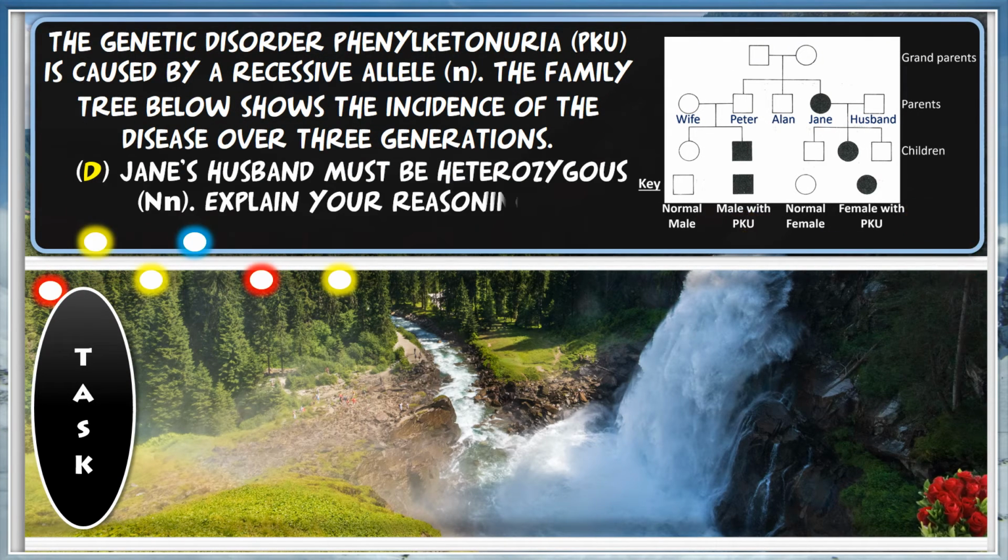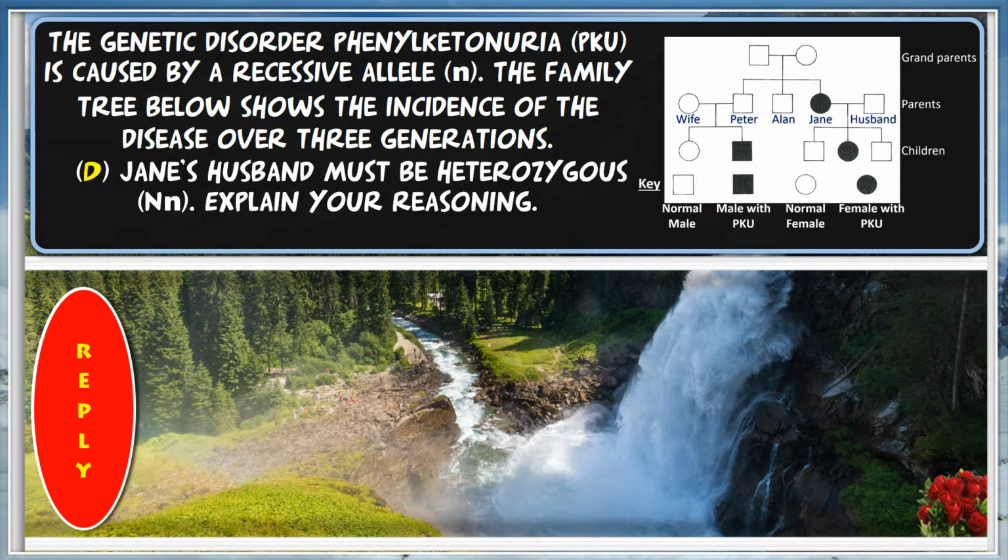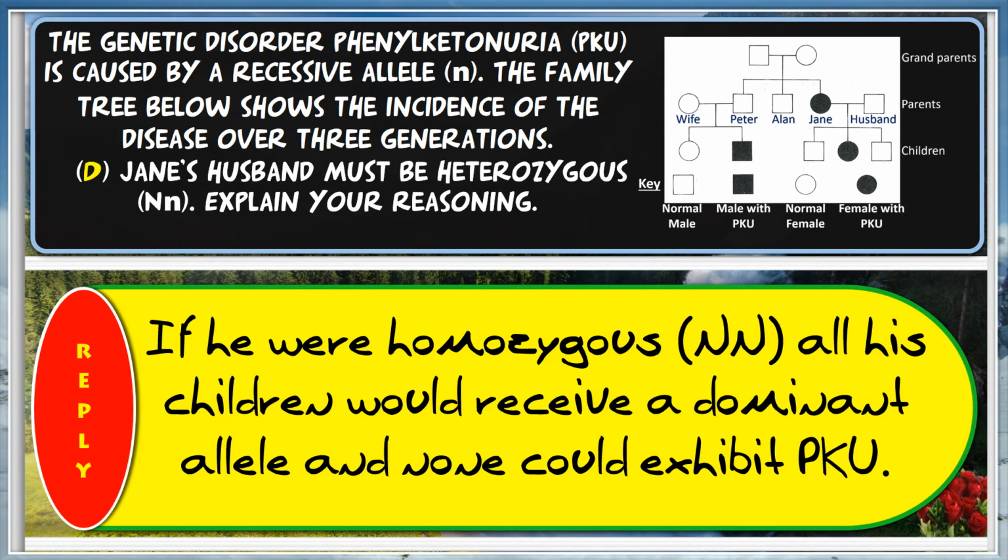Explain your reasoning. If he were homozygous, capital N, capital N, all his offspring would receive a dominant allele, and none could exhibit PKU.